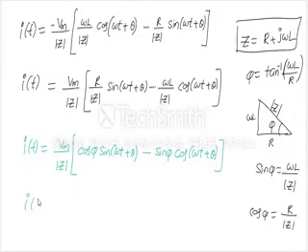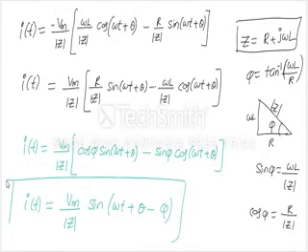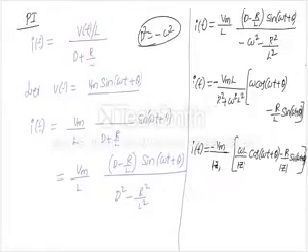So from this, I of t is equal to Vm by mod Z into sin of omega t plus theta minus phi. And here this is the particular integral.